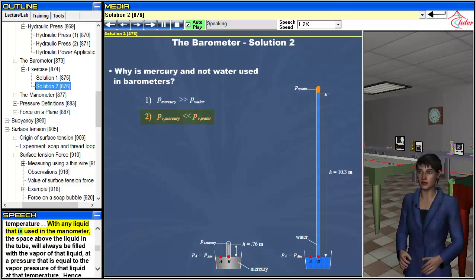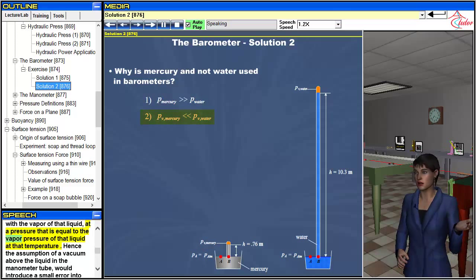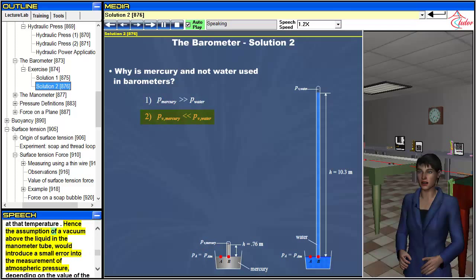With any liquid that is used in the manometer, the space above the liquid in the tube will always be filled with the vapor of that liquid, at a pressure that is equal to the vapor pressure of that liquid at that temperature. Hence the assumption of a vacuum above the liquid in the manometer tube would introduce a small error into the measurement of atmospheric pressure.